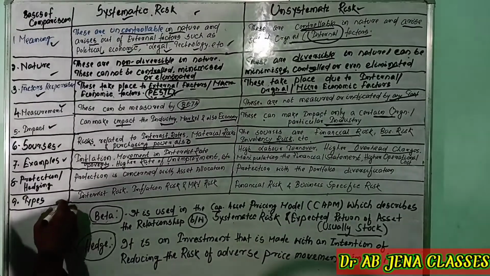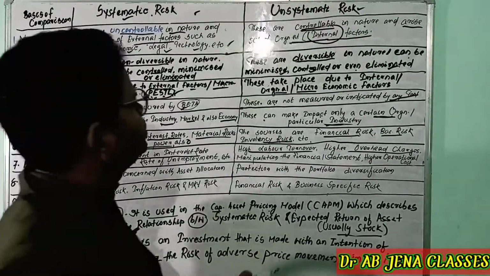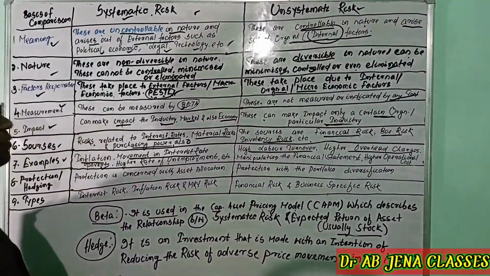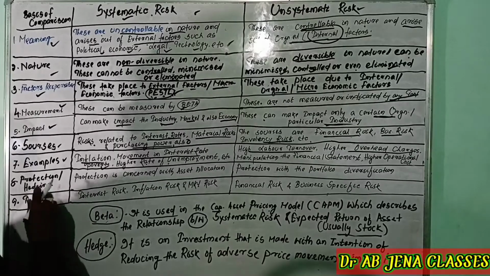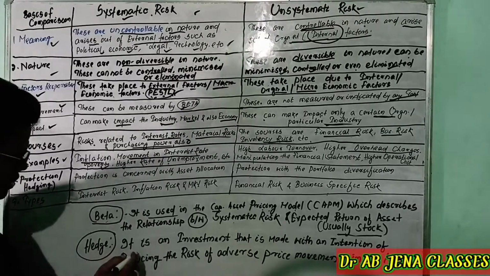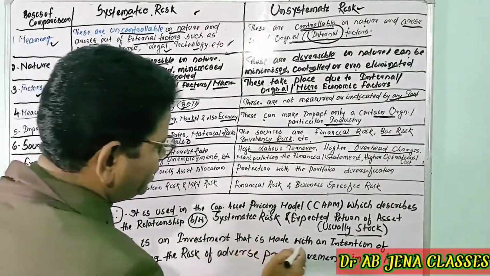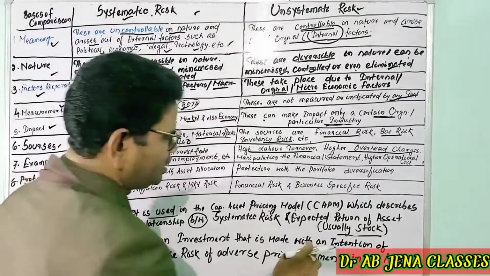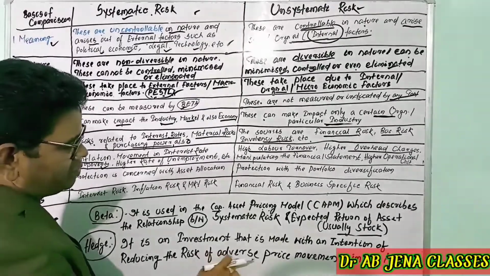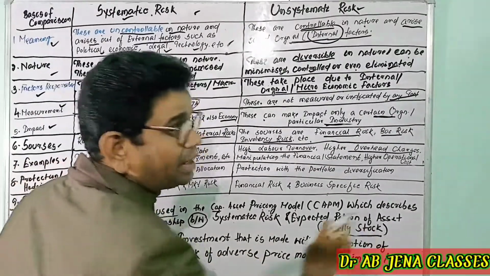Next, how are the systematic risks protected, and similarly how are the unsystematic risks protected? Protection, we can say, is hedging. What is the meaning of hedging? Hedging is an investment that is made with an intention of reducing the risks of adverse or unfavorable price movements in an asset.